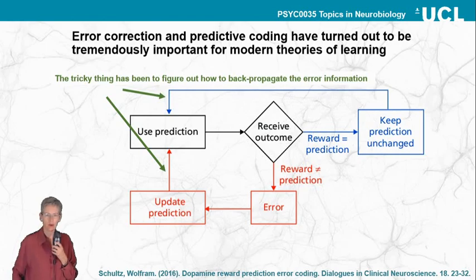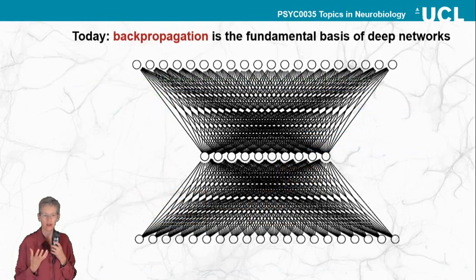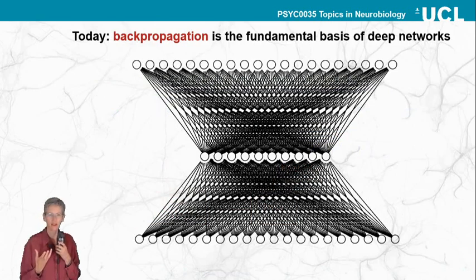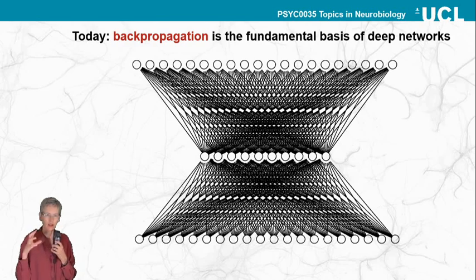That's a problem we still haven't solved in biology, but we've solved it in theoretical neuroscience by just hand wiring these networks, so propagating the error back.